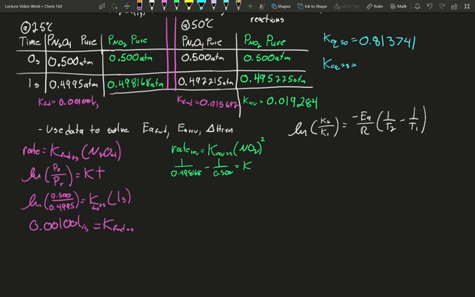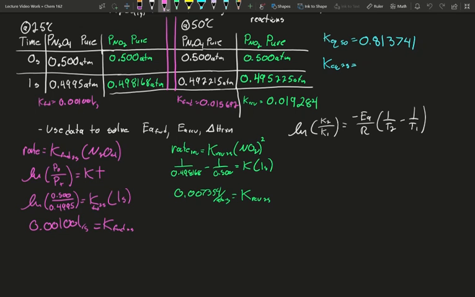Since our time was 1 second, we can do the subtraction, divide by 1 second, and we will find that our K reverse at 25 Celsius must be equal to 0.007354 per atmosphere second.